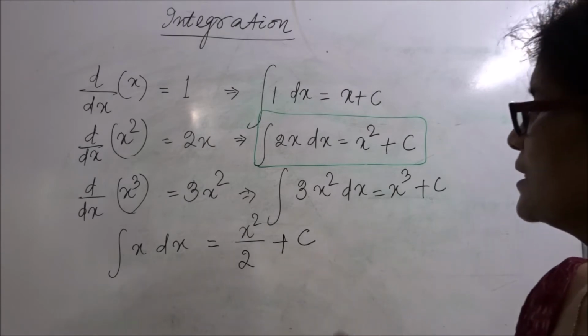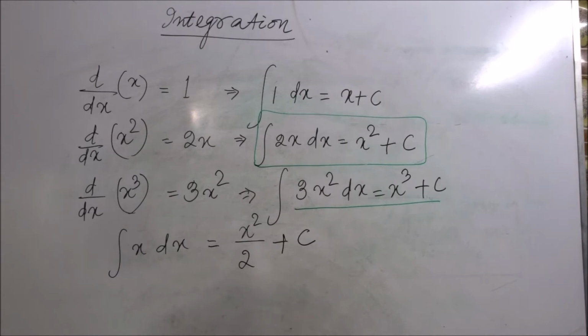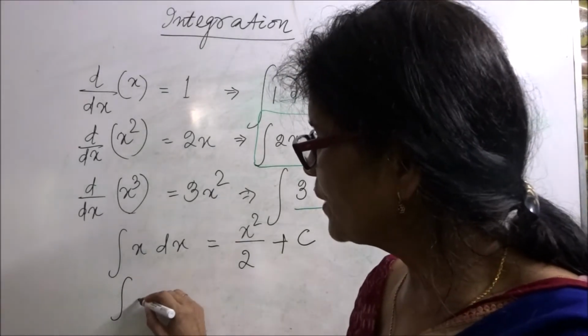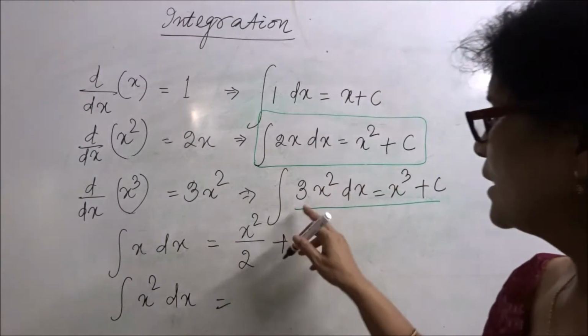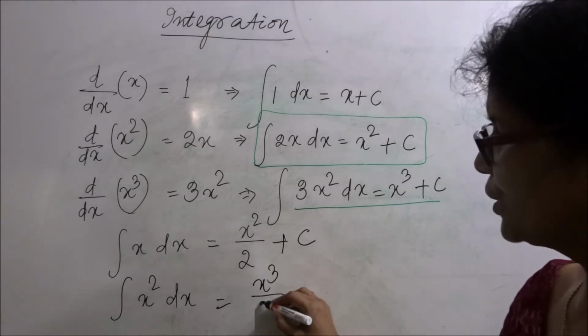Similarly, see this example now. Integration of 3x square is equal to x cube. So integration of only x square will be how much? This 3 will be divided here. I can write x cube by 3.